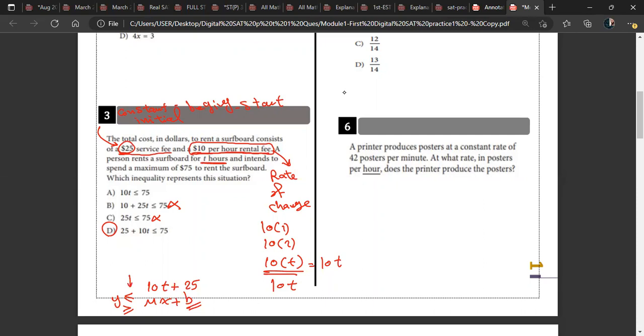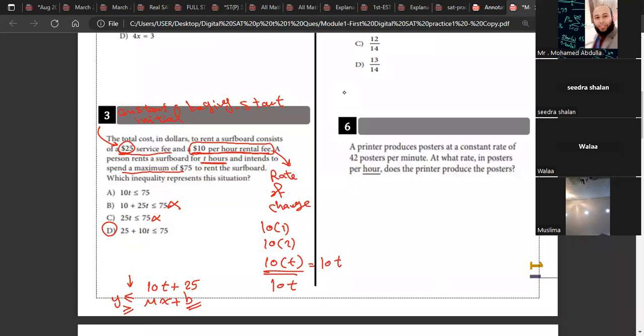Now you have the sign of inequality. How can you determine it? Here he tells you a person rents a surfboard for T hours and intends to spend a maximum of $75. This phrase, a maximum of, means less than or equal to, because the maximum is 75.